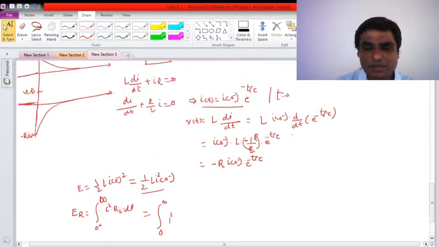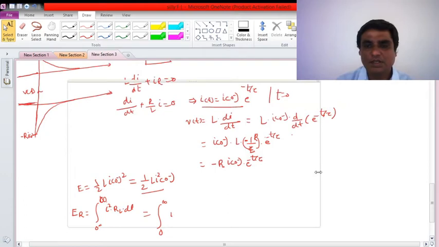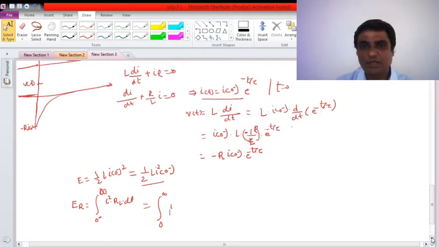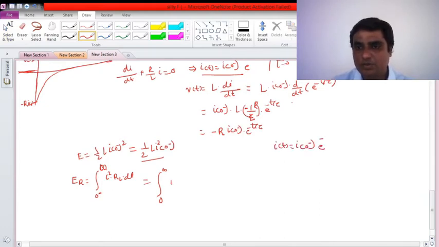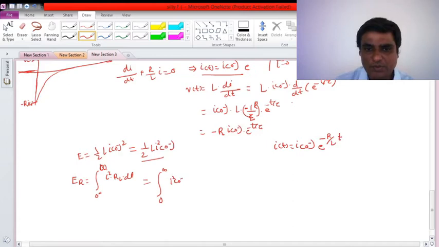Recently we computed that I of t is I of 0 negative into e raised to minus R by L into t. So its square will be I square 0 negative into e raised to minus 2R by L into t dt.